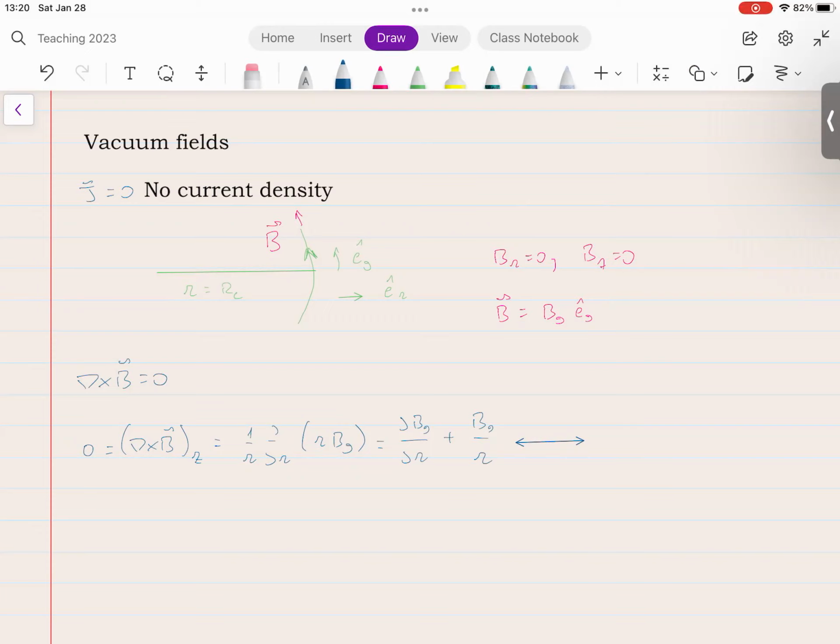And therefore, this pretty much says that dB theta dr is equal to minus B theta, I'm taking this to the other side, over the radius of curvature. Which I can write as grad B, R component, is equal to minus B over RC, which is where I wanted to get.